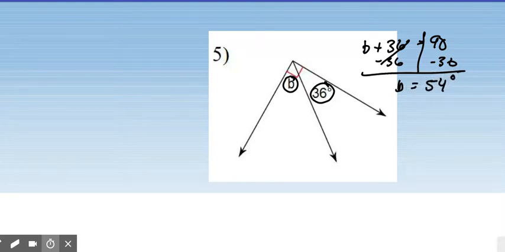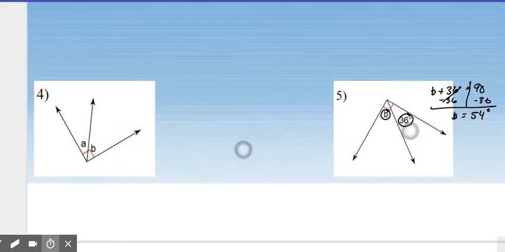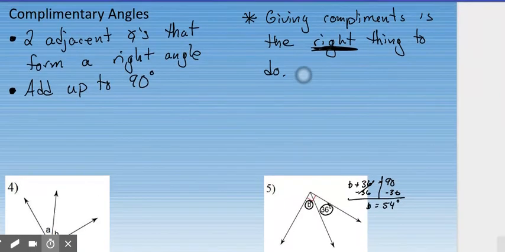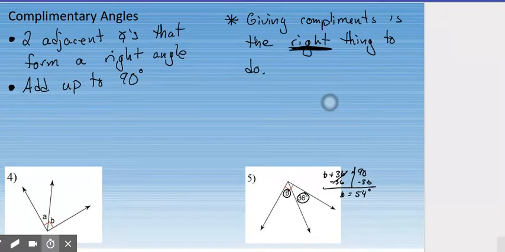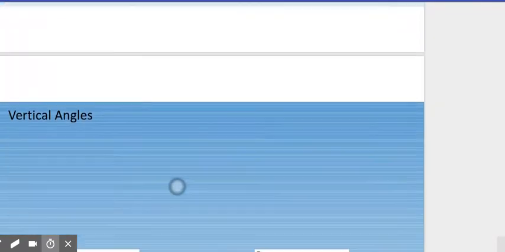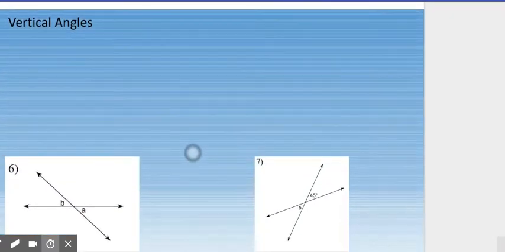Okay. The last type that we want to talk about is our vertical angles. Okay. Now, vertical angles happen when two lines cross.